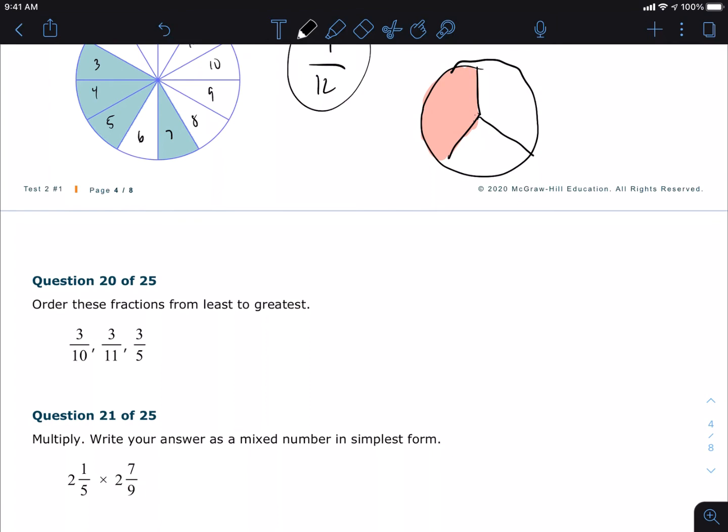Too many years of experience. This one here, I think of it as a decimal, is 0.6. This is 0.3. This is even smaller because it's got a bigger denominator, so it's smaller than 0.3. So I know that this is going to go this way. But if you don't see that, that's okay.